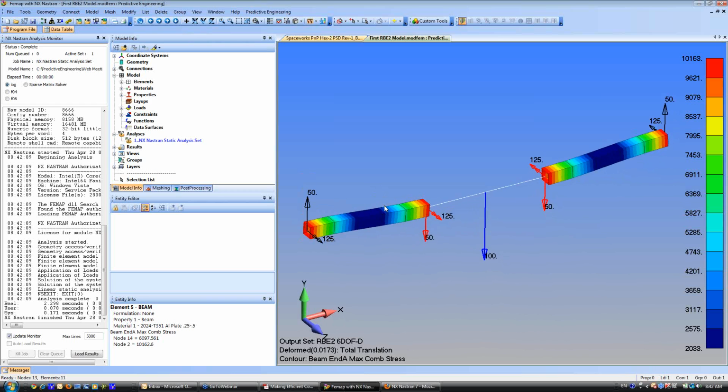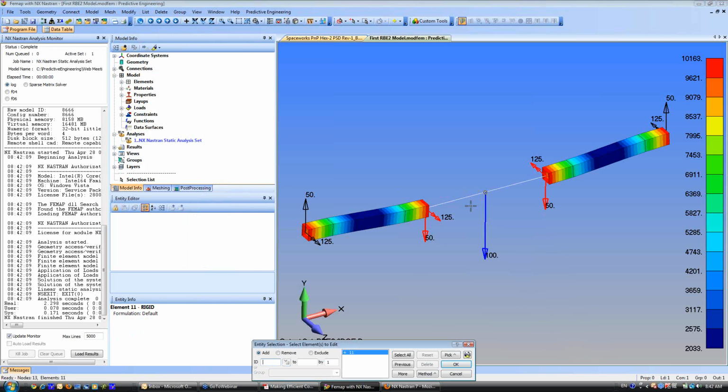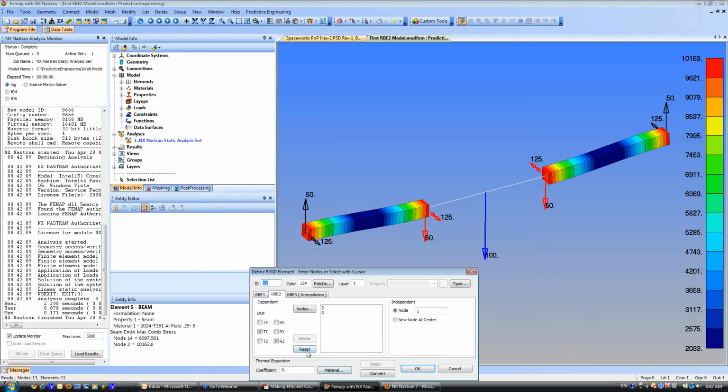Now why did that die? That's what I get for messing things up. RBE2.